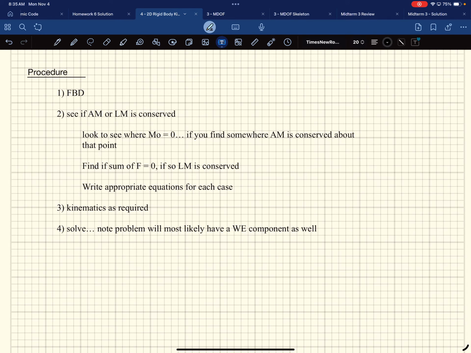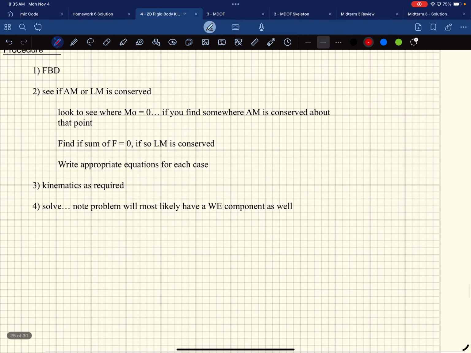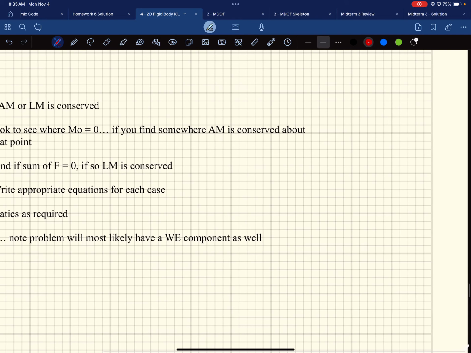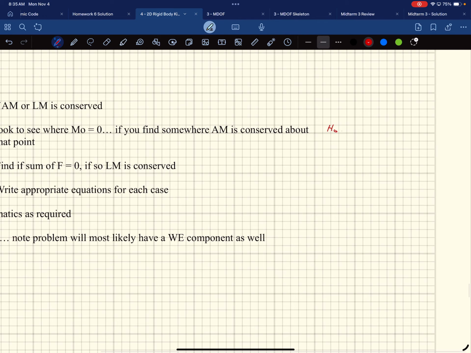All right. The appropriate equations, just to write them down here again. This is going to be where the moment is equal to 0. It's going to be H_O, H_OA1 rather, because we have multiple objects. H_OA1 plus H_OB1 is equal to H_OA2 plus H_OB2.